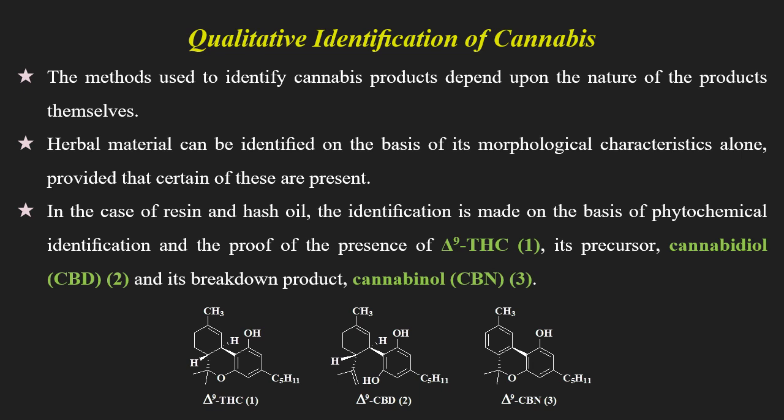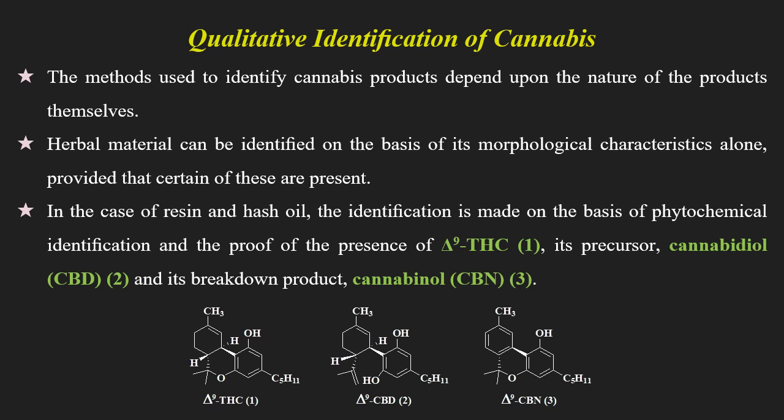The herbal materials can be identified on the basis of their morphological characteristics, while in case of resins and hash oil, the identification is made on the basis of phytochemical identification and the proof of the presence of delta 9 THC, its precursors, cannabidiol, and its breakdown product, cannabinol.